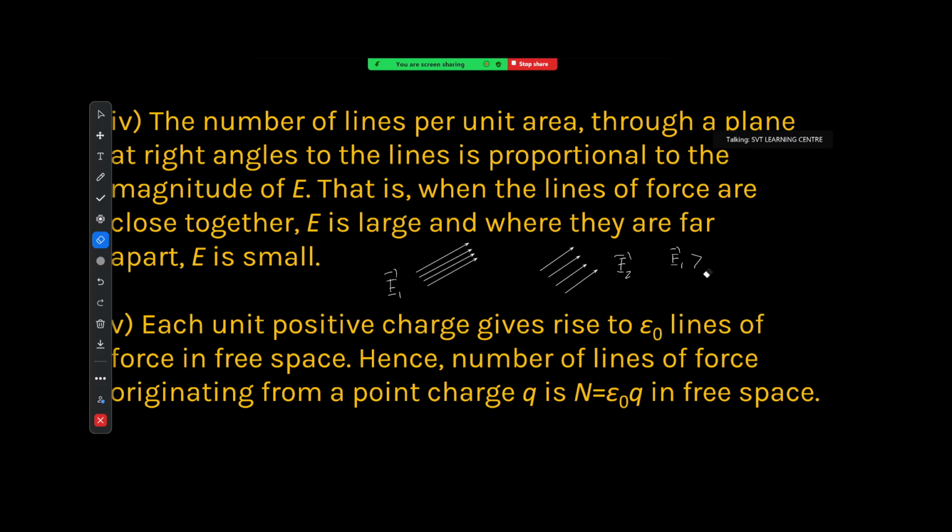Let me write it. So E1 would be greater than E2. So the number of lines per unit area through a plane perpendicular to the lines is proportional to the magnitude of E.